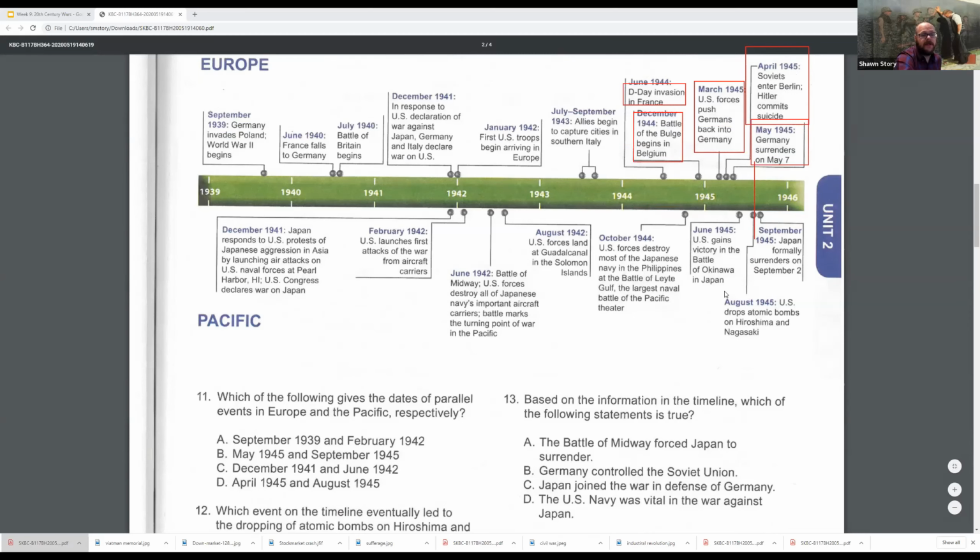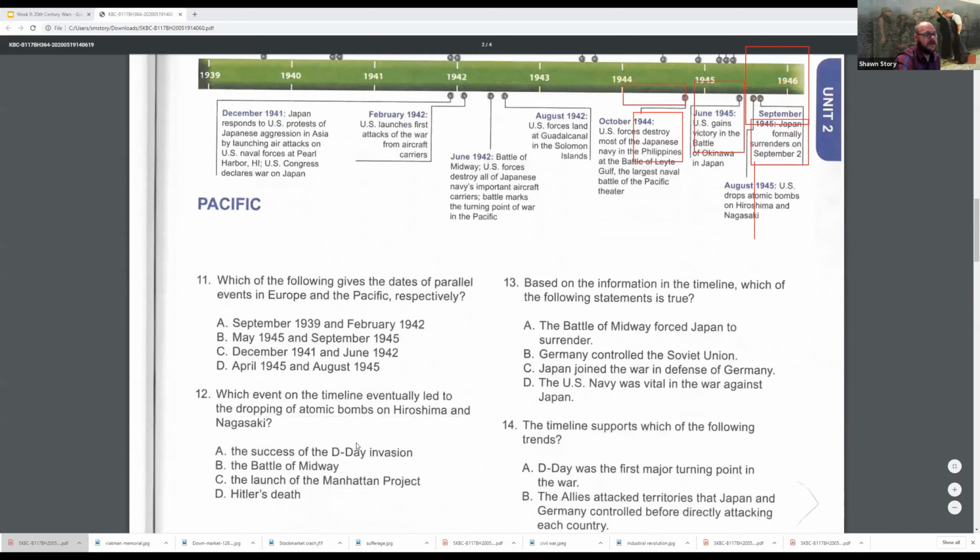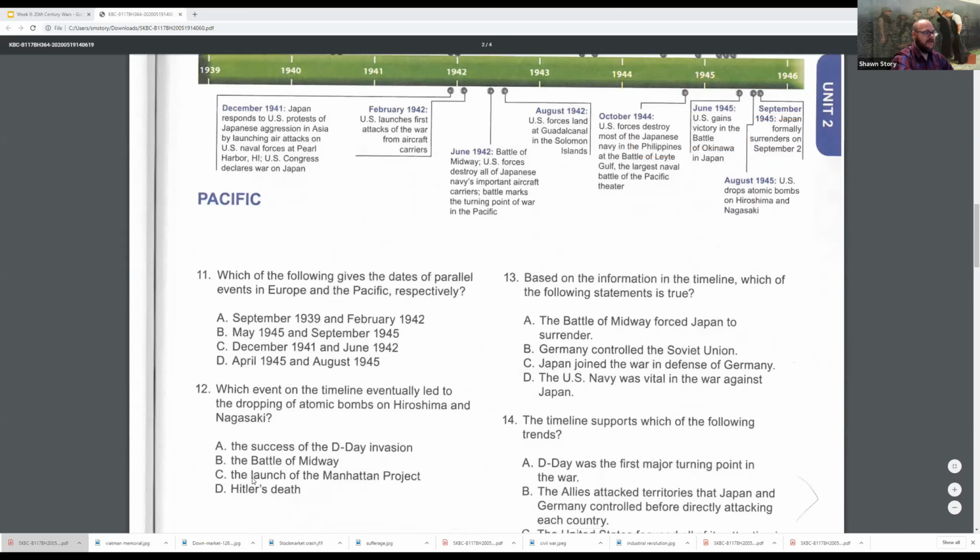That is 4 months right before the dropping of the atomic bomb. And here, May, June, July, August, 3 months before, in 1945, Germany actually surrenders. So it's kind of Germany surrenders, and then they drop a bomb on Japan. So our best answer is D, Hitler's death.